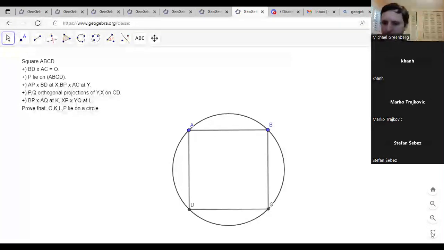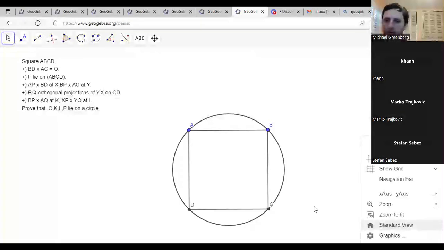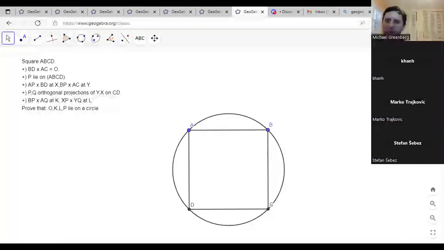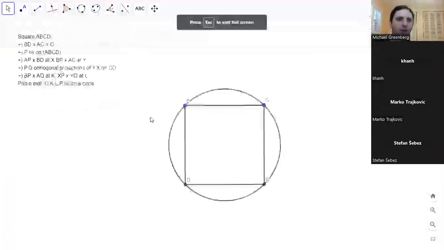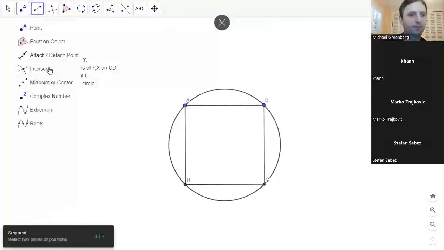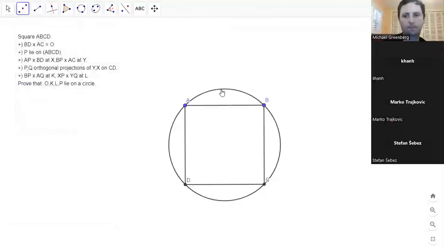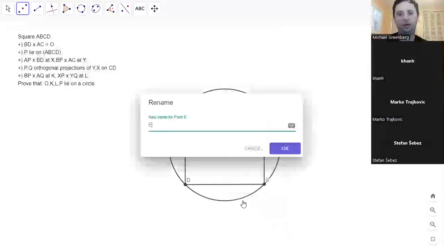Sometimes it just doesn't like it when I click the maximize. Oh, well, we can leave it like this for now. There we go. So O is the center, and P lies on the circle.